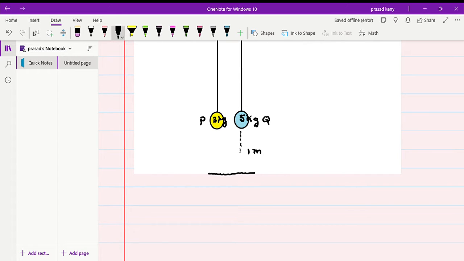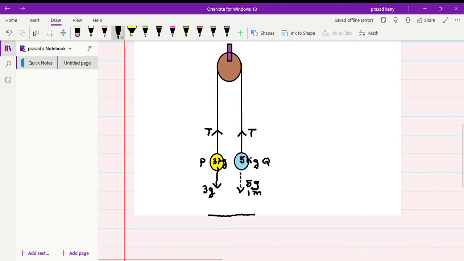So, which are the forces which will act on particle P? First of all, its weight 3g acting down, and on 5 kg, that is particle Q, weight 5g acting down. So the tension T, because the string is light, uniform tension will be developed in both arms of the string and equivalent opposite tension from pulley towards the particle.